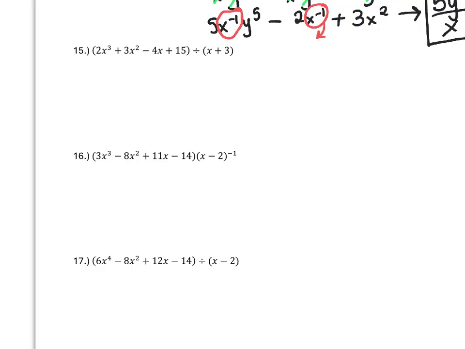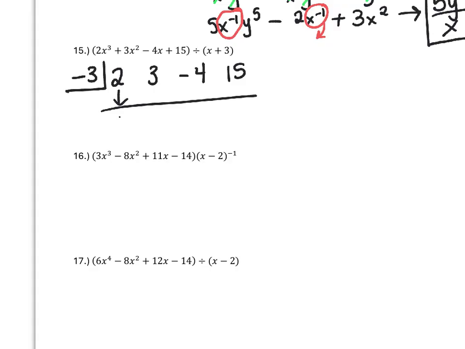15, we could use synthetic division here because we have the proper form. So that's going to be easier. So remember, we switch the sign of the constant and then put the coefficients of each of the polynomial terms. Bring down the 2. So 2 times negative 3 is negative 6. 3 minus 6 is negative 3. Negative 3 times negative 3 is 9.